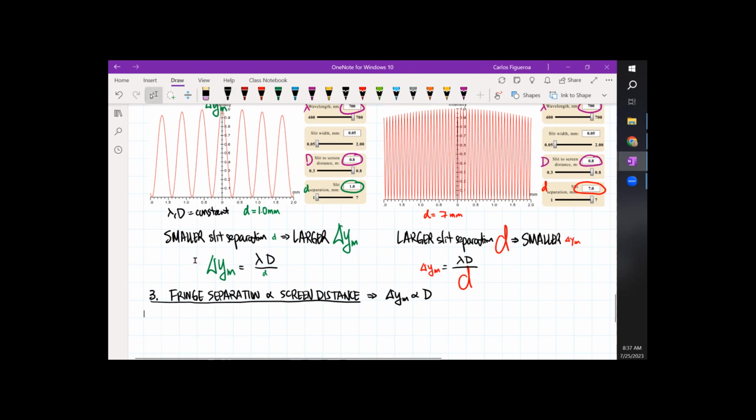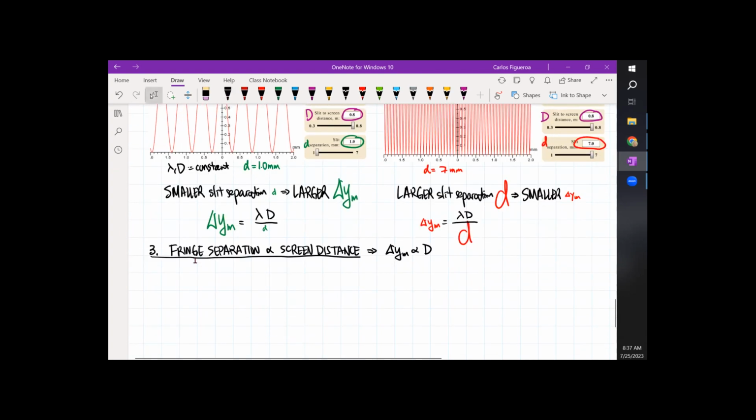So then we ask the same question. What happens to the fringe separation as the screen distance changes? Well, if I have a smaller screen distance, we can see that it's proportional, then that distance is going to be a little d here.